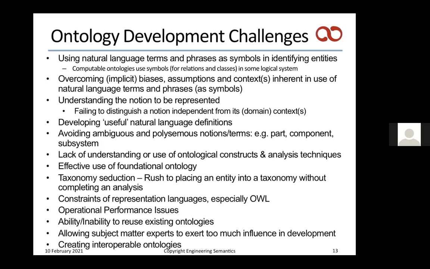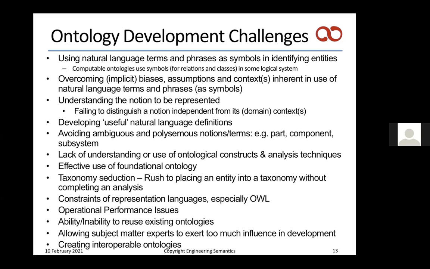But one of the challenges and problems I see continually in the development of ontologies is the use of natural language terms and phrases as symbols. Again, in developing a computational ontology, perhaps I should have qualified it as that, a computational ontology is being developed in a representation language, which in general, currently, are fragments of first order logic.